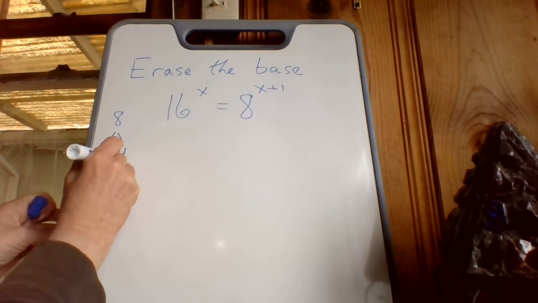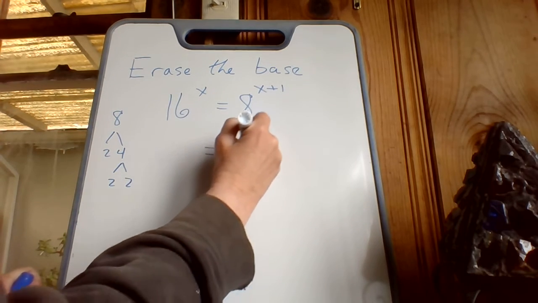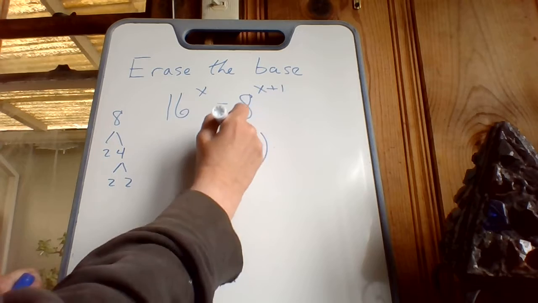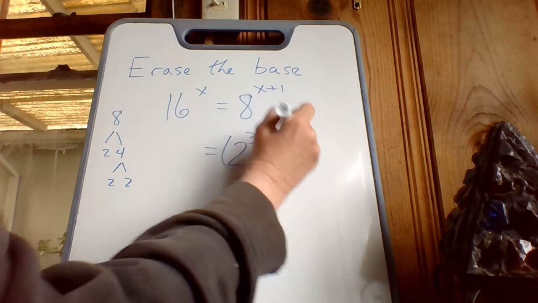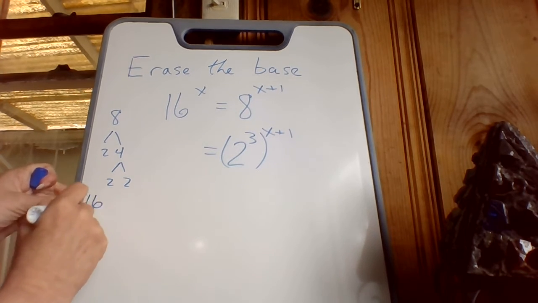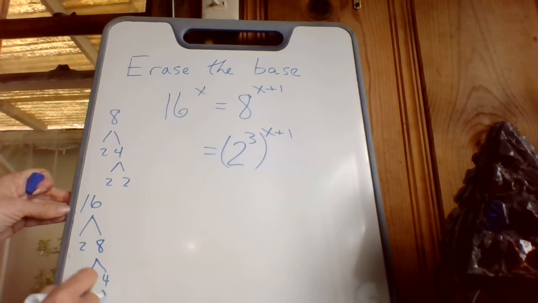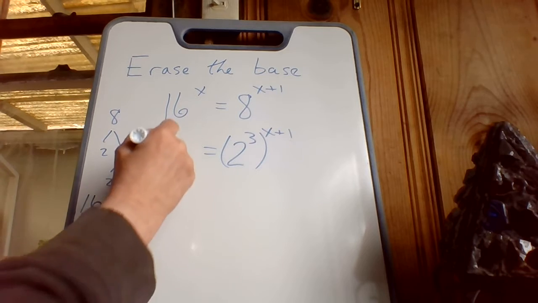8 is 2 times 4, and that's 2 times 2. So 8 is 2 to the 3. So I've just replaced the 8 with the 2 to the 3, and the x plus 1 is still up there. I haven't done anything with that. And 16, okay, so that's 2 to the 4.